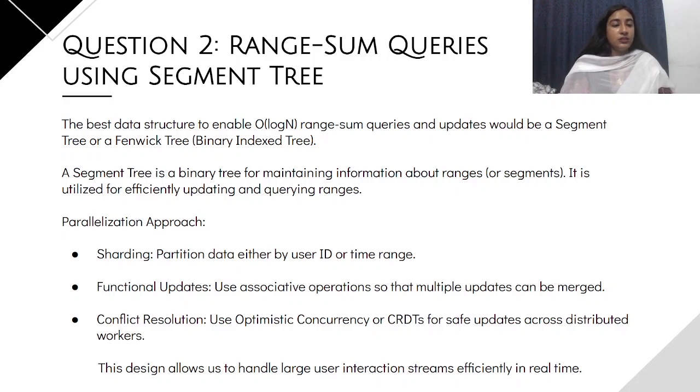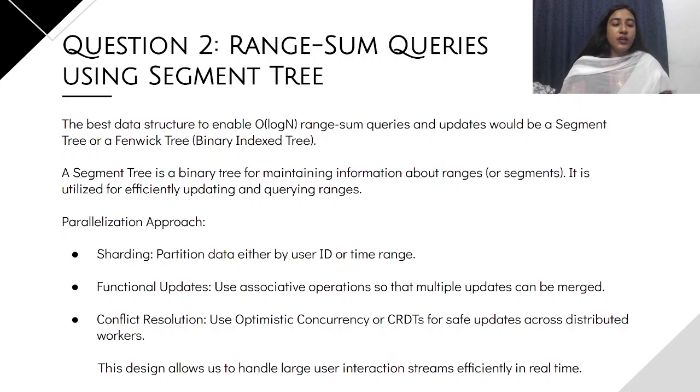Now let's talk about how parallel updates for distributed features are stored. The parallelization strategy involves a combination of sharding, functional updates and conflict resolution. Sharding mainly partitions data either by user ID or time range.